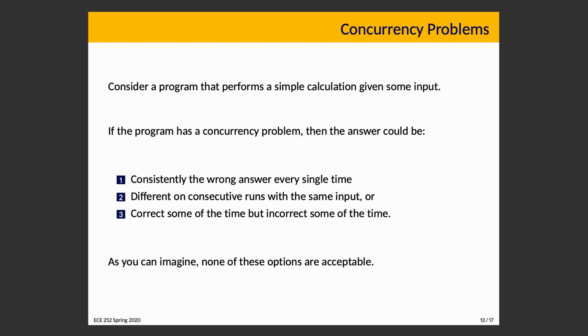If you bought a handheld calculator and it only gave you the correct answer 99% of the time, would you be satisfied with your purchase? I think the answer to that is most likely no. I think you would say this is defective and I don't want it. I want to get my money back so I can buy a better calculator that doesn't have this problem.